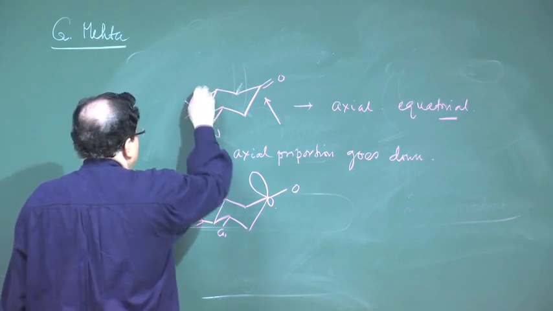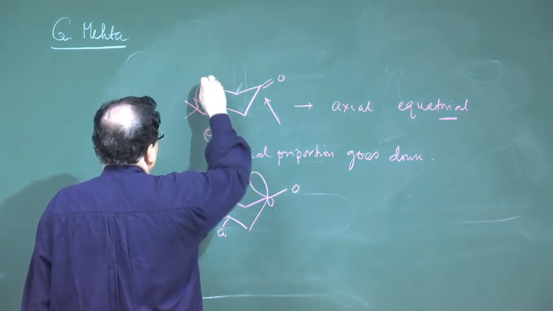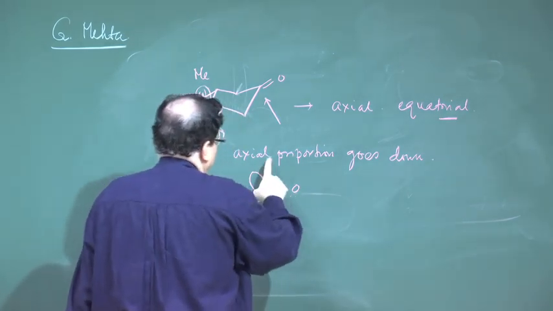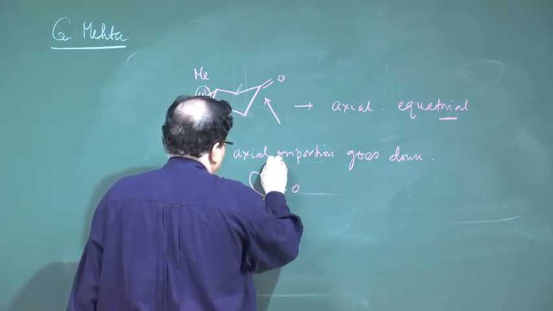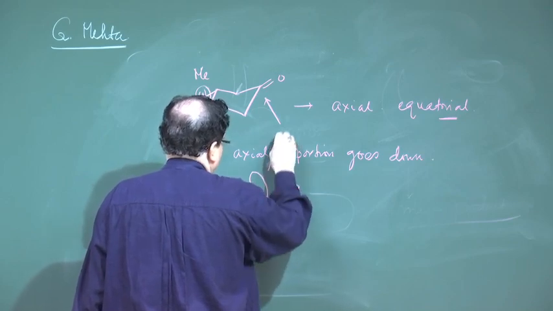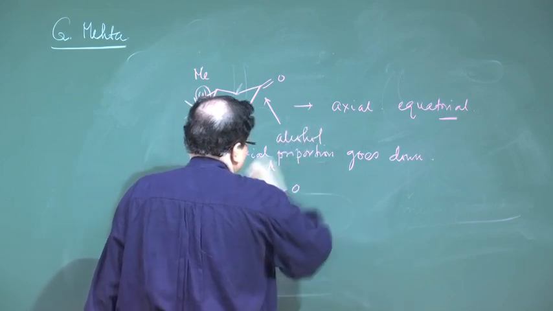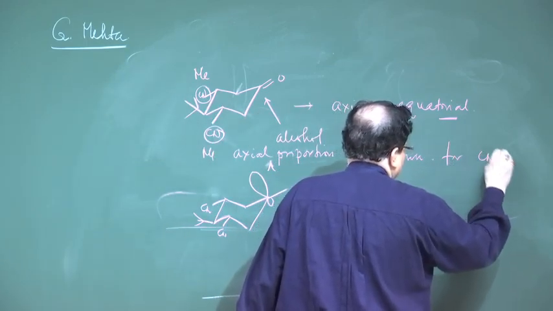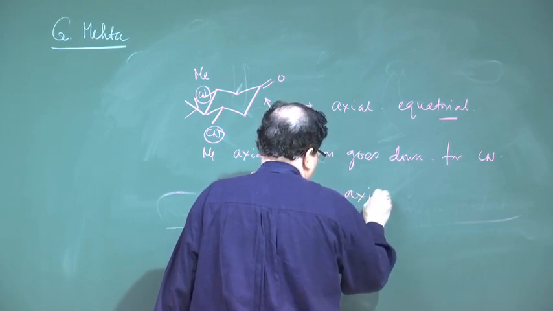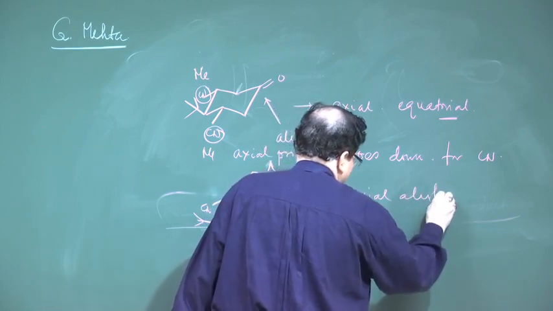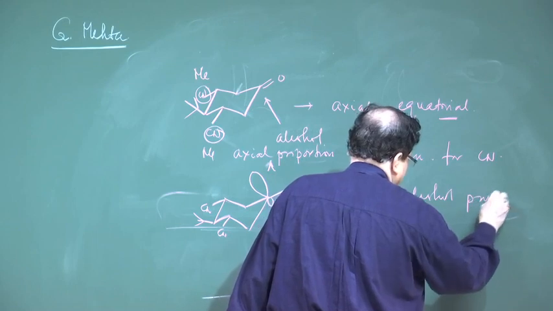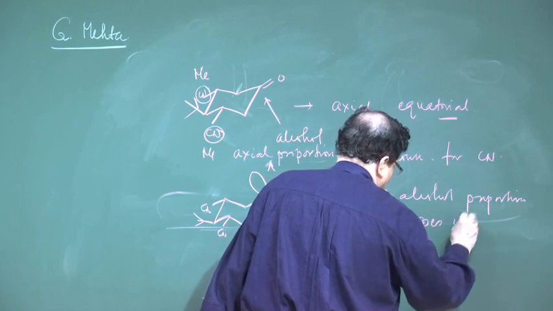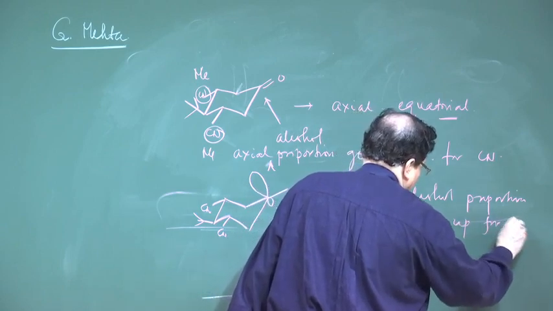On the other hand, if cyanide is replaced by methyl, then the axial alcohol proportion, which goes down for cyanide, goes up for R equal to methyl.